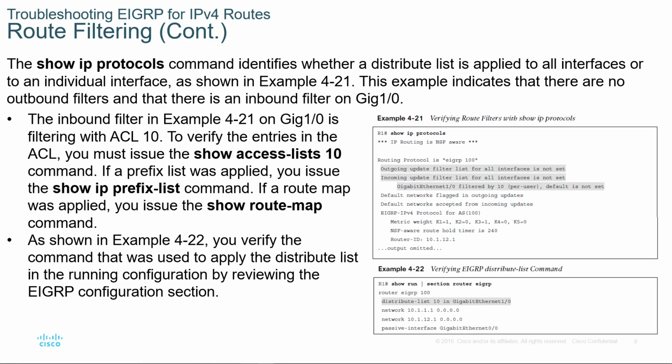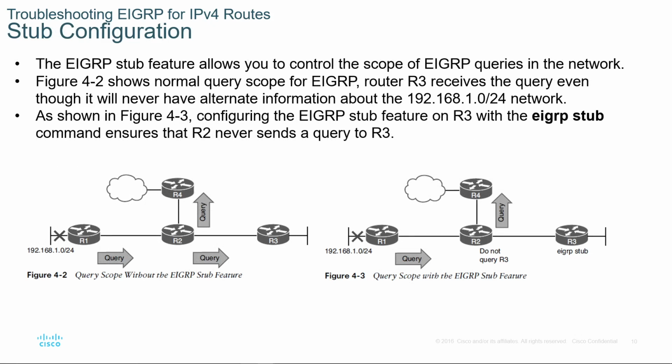So you would then go in and find the other elements associated with that distribution list and see what impact that filter has on your routing tables. So what routes are allowed, which ones are denied. You may need to adjust it to get connectivity.